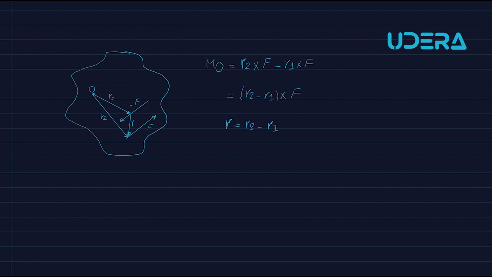Now I can substitute R for the bracket, which will be MO is equal to R cross product F. And this one is the vector expression of couple.